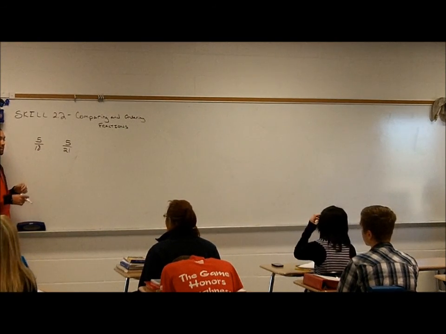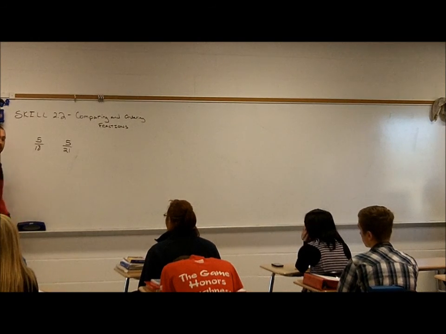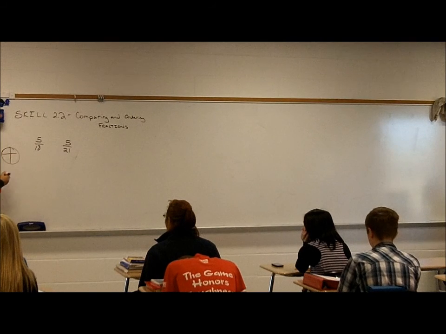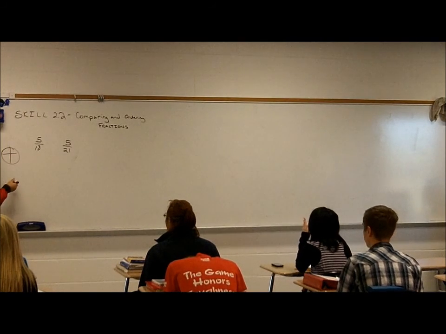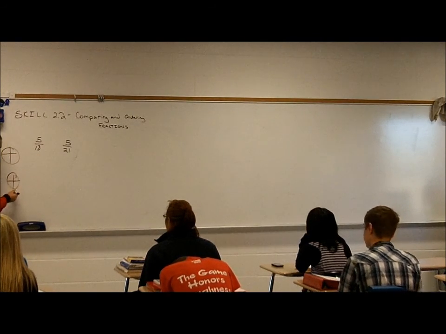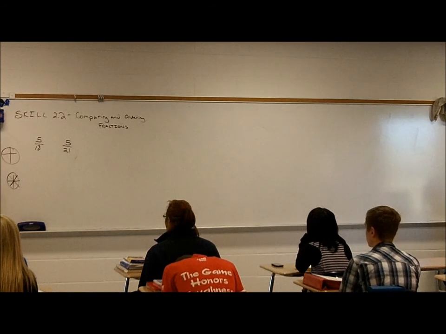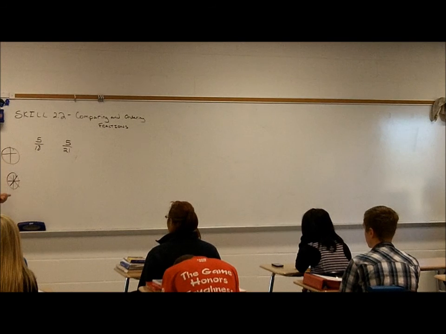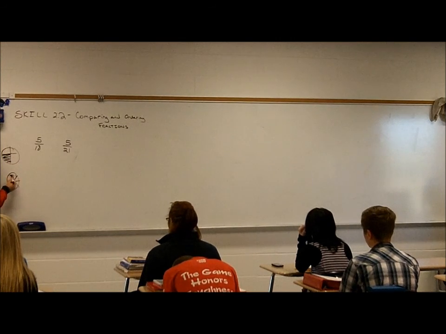Think about it this way. 18, right? Because here's a pizza. It has how many slices? 4. Here's another pizza. How many slices? 8, right? Which slice is bigger? The one with 4. So if I take one slice here versus one slice here, who is bigger?